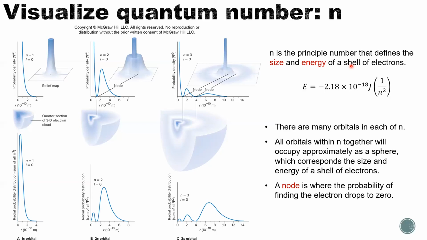Then we can look at or visualize the quantum number L, the angular momentum. We already said L can be allowed to have values from 0 to n minus 1, right? So when n equals 1, L can only be 0.